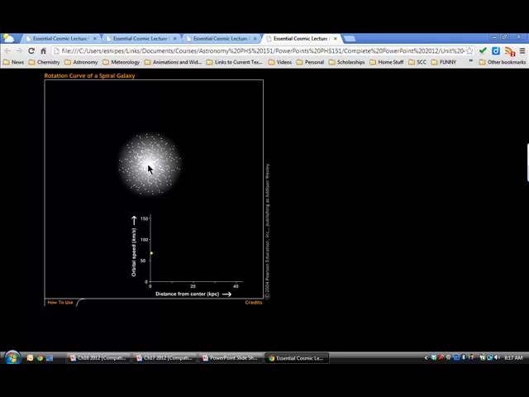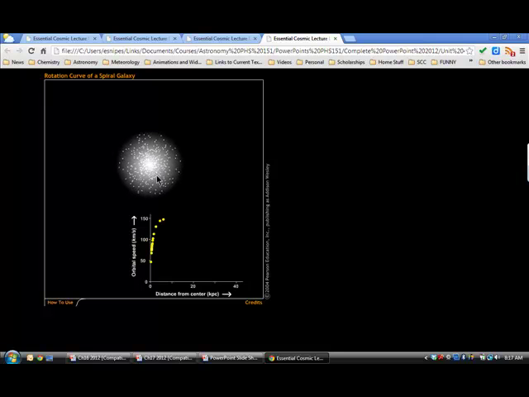Here I am in the supermassive black hole, Sagittarius A star. Notice that I'm going to click a few of these. Notice that this looks like the merry-go-round, doesn't it? It looks like they orbit rigidly. Now this is how fast those stars are going relative to the supermassive black hole. Let me go outwards now.